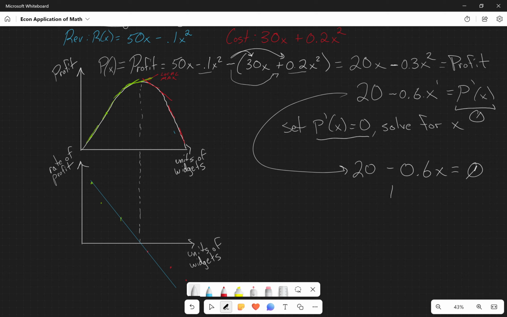We're going to move 0.6x to each side. We're going to end up getting 20 equals 0.6x. We're going to divide both sides by 0.6, and we're going to end up with the nice round number of 12.